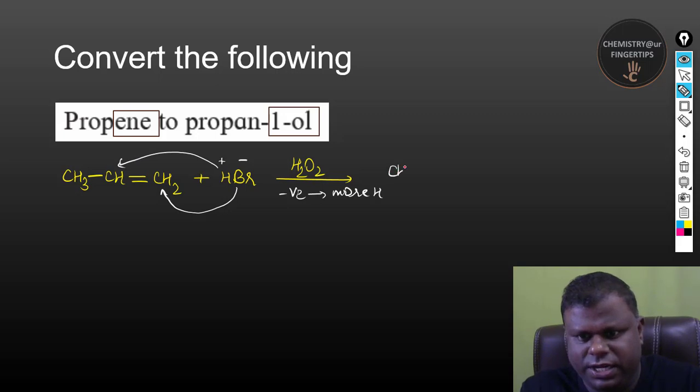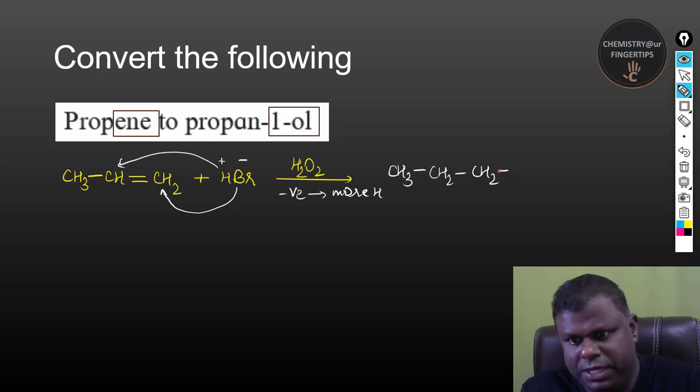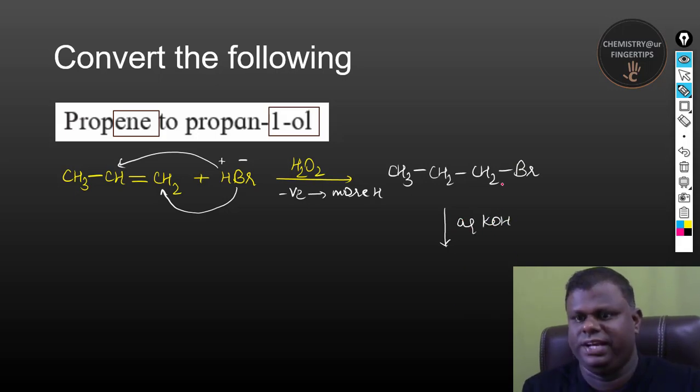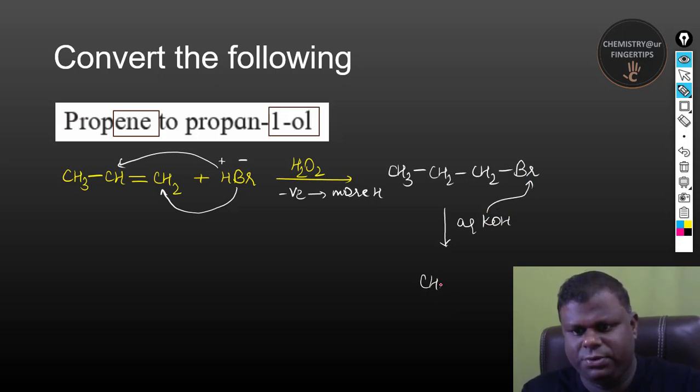So what is that which you get? You will be getting CH3, CH2, right? And then you have a CH2Br, correct? Now this you can treat with aqueous KOH, or you can also use moist silver oxide. So what happens, this K is going to abstract this Br. So what exactly do you get is CH3, CH2, CH2, and then there is going to be an OH, right?